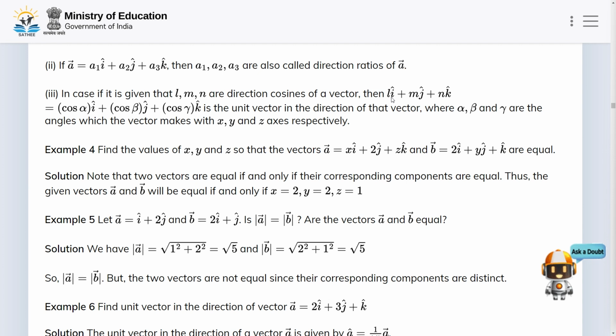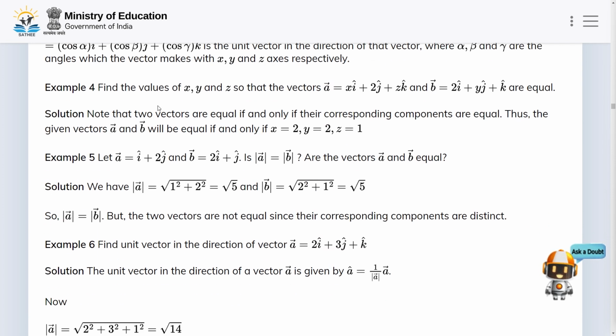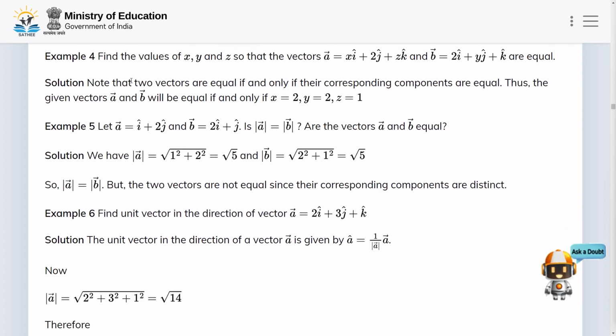Then l i hat plus m j hat plus n k hat, which is the same as cos alpha i hat plus cos beta j hat plus cos gamma k hat, is the unit vector in the direction of that vector, where alpha, beta, gamma are the angles which the vector makes with the x, y, z axes respectively. Clear?